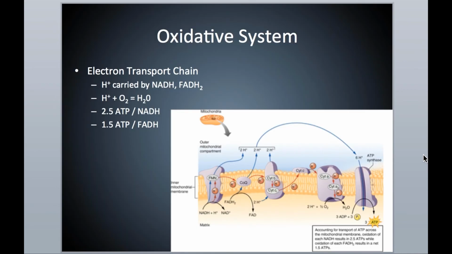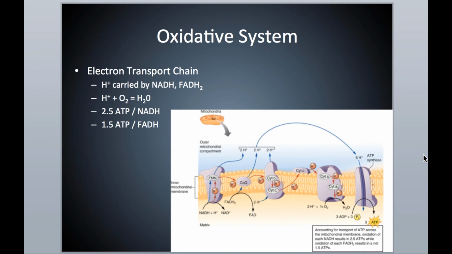So the electron transport chain, and we're definitely not going to get into the nitty-gritty details of the electron transport chain. If you want to look it up, you can, but it can be a little mind-boggling sometimes to even go through it. But really what's happening is there's hydrogen carried. That's carried by NADH and FADH2, basically the electrons.